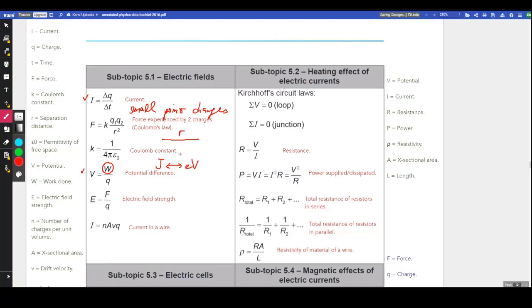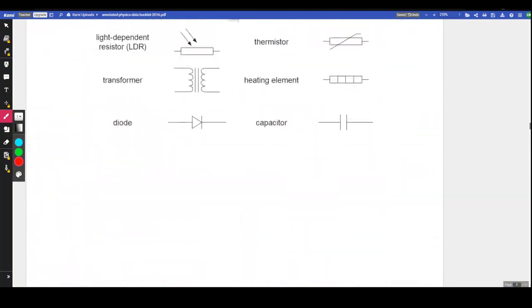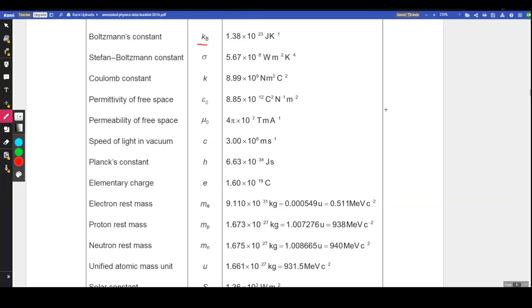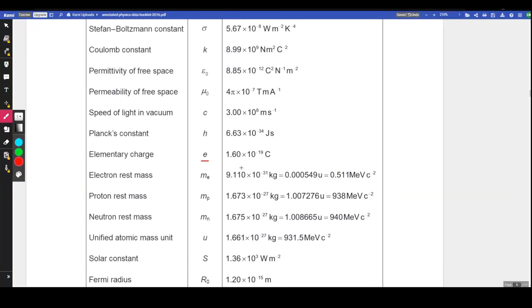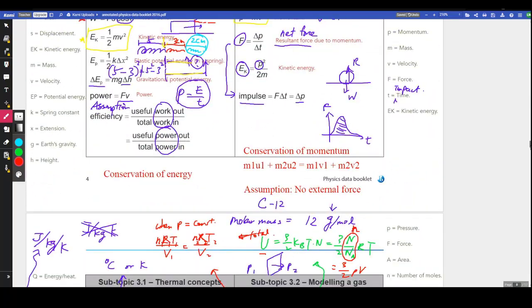You all would need to know how to convert this, and the way to convert this has to do with substituting Q with the elementary charge. Elementary charge is something you can find from here in the earlier pages. This is how many coulombs for one charge. So 1 e equals 1.6 times 10 to the negative 19 coulomb. Very small, of course.